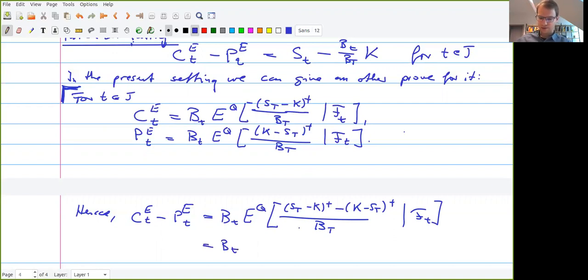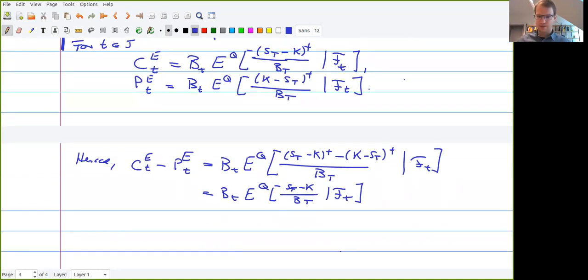Now I can look at this difference. This is just a linear function. So I get S_T minus K.